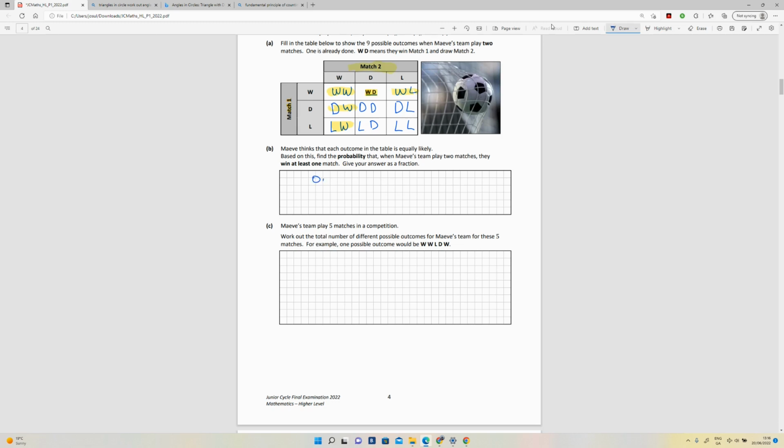So the number of outcomes where Maeve's team won at least 1 match is equal to 5. Okay, from above.